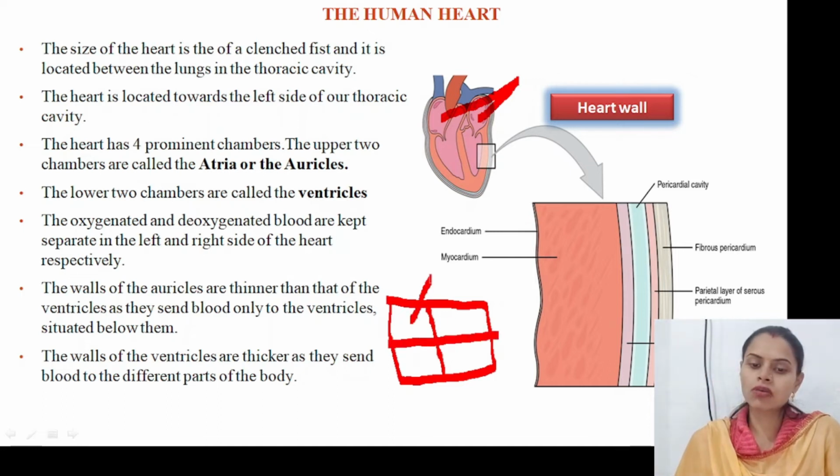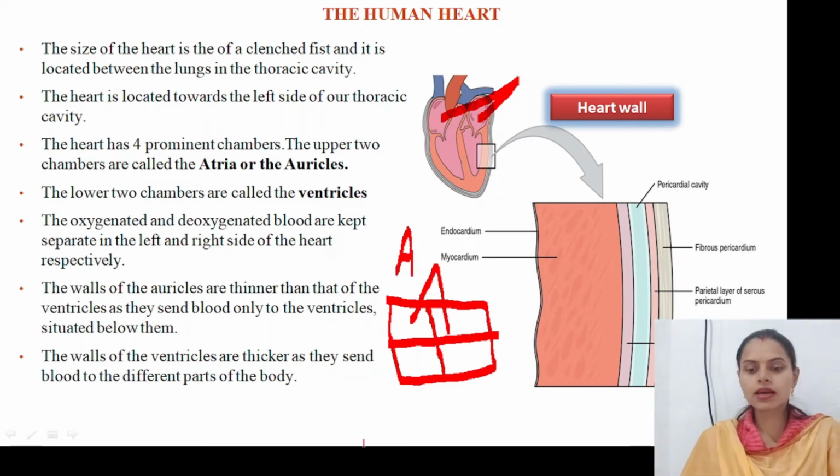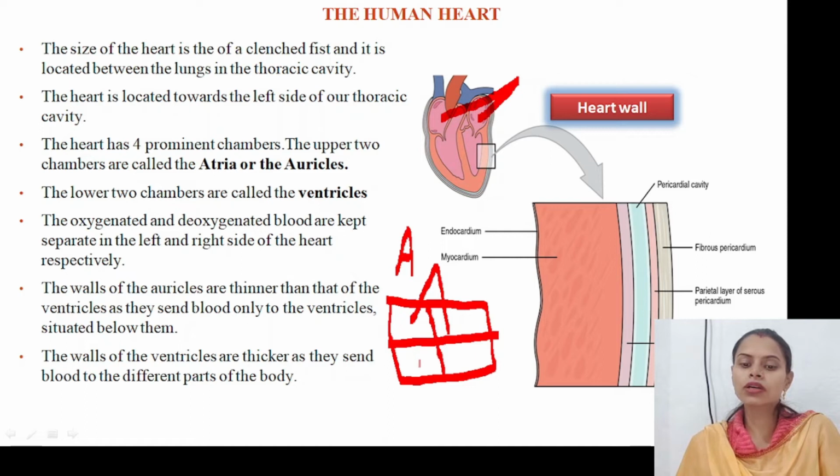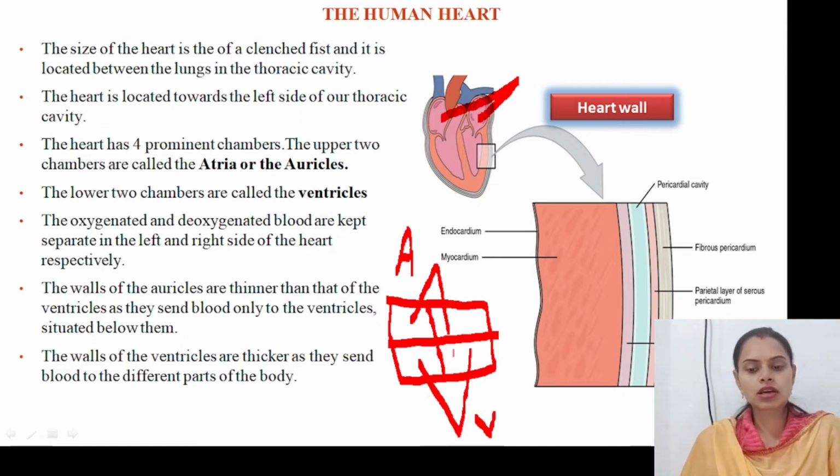The upper two chambers are the atria or auricles, and the lower two chambers are the ventricles.